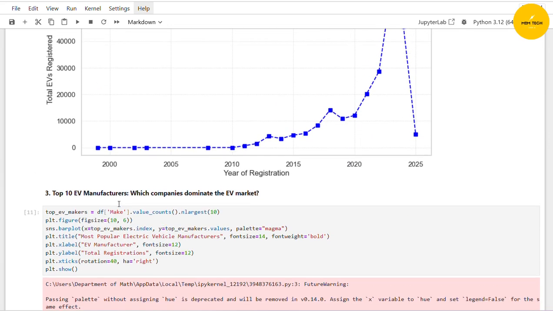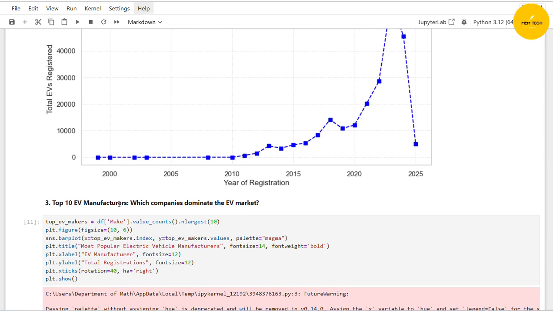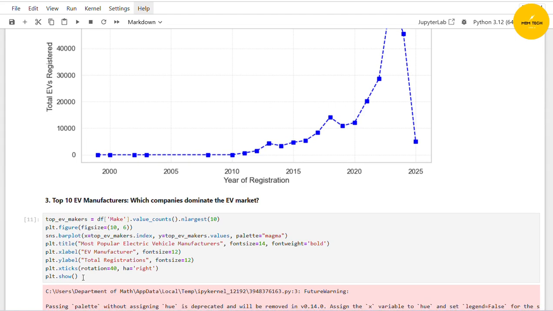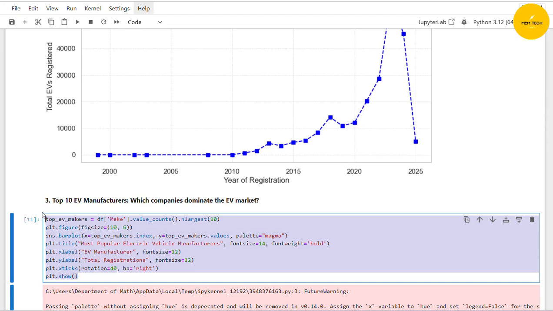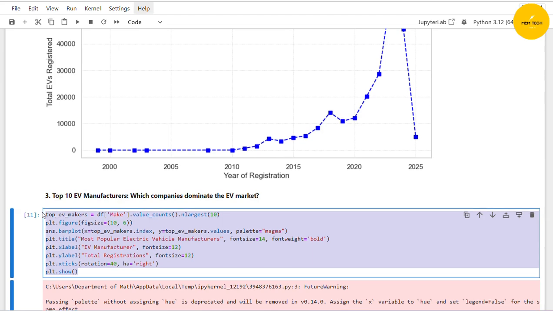Third, we try to answer the question: the top 10 EV manufacturers. This section of the code focuses on identifying the top 10 electric vehicle manufacturers based on the number of vehicle registrations in the dataset. The goal here is to understand which companies dominate the EV market.